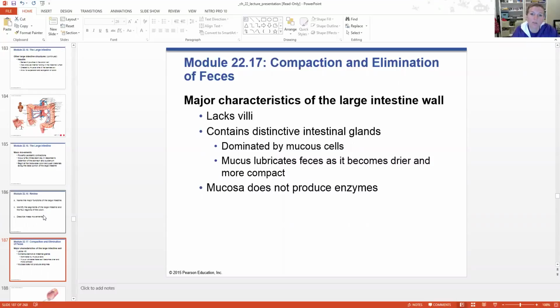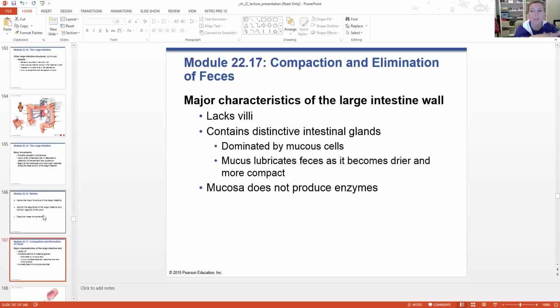So let's talk about some of the characteristics of our intestinal wall, which make it suitable for the function that it has. First of all, our large intestine does not have villi like our small intestine. There are rather intestinal glands scattered throughout the large intestine, mostly dominated by mucus cells. The mucus cells are going to secrete mucus to basically lubricate this undigested food.